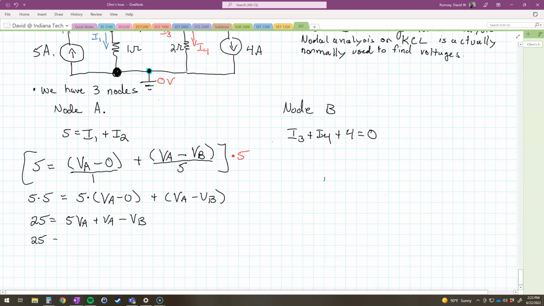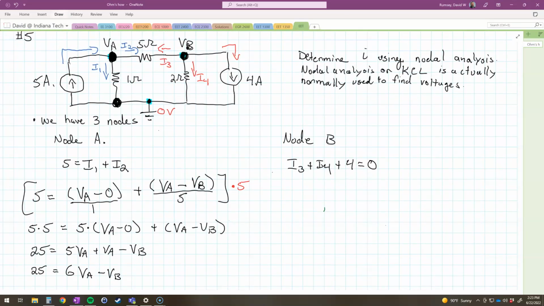So that would be 25 is equal to 6 VA minus VB. Now, if I go to node B here, do the same thing, I'm going to start off a little bit quicker here.